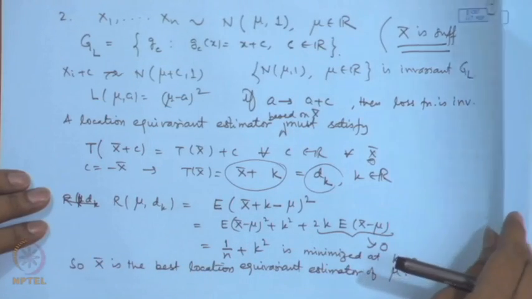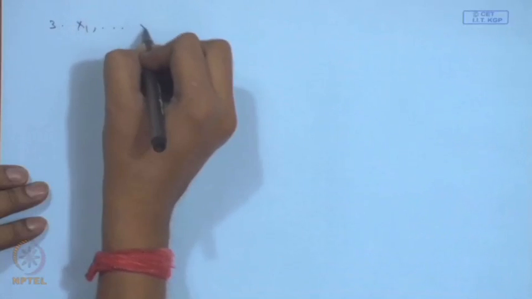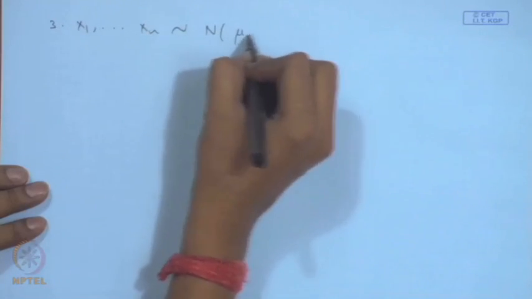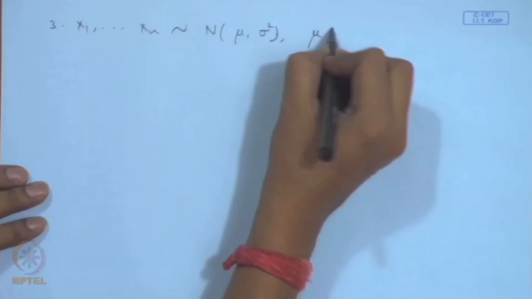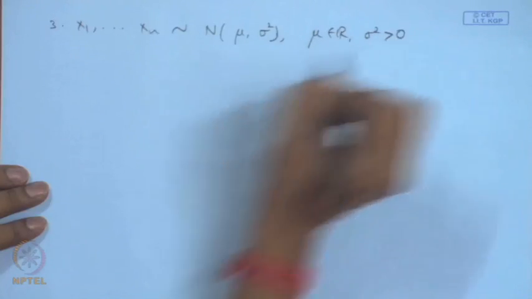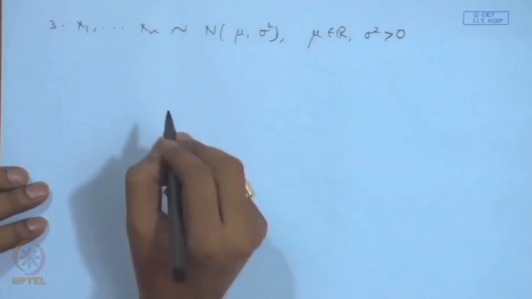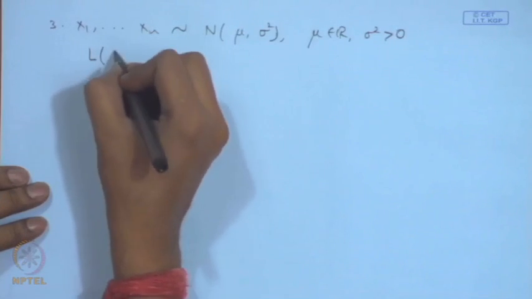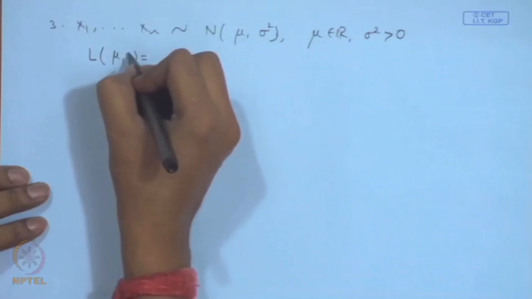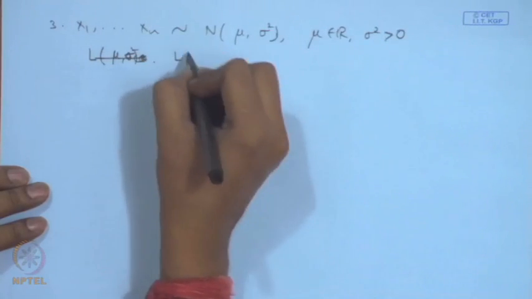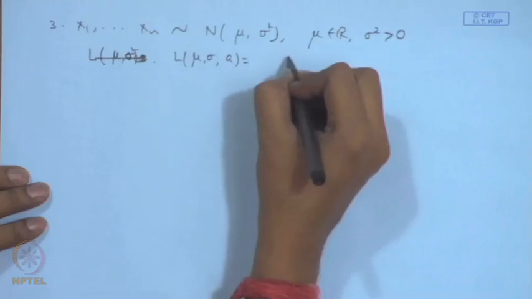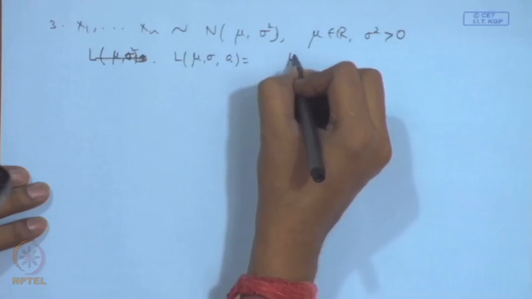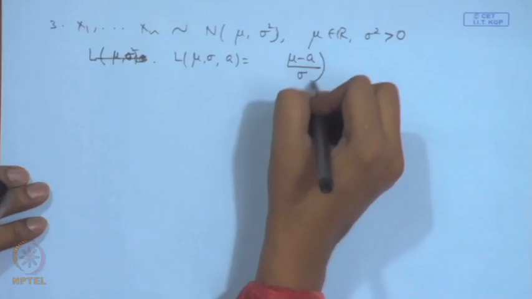Let us generalize this problem. I consider here the variance also to be unknown, X1, X2, ..., Xn following say normal(μ, σ²). Now, we change the loss function to ((μ − a)/σ)².